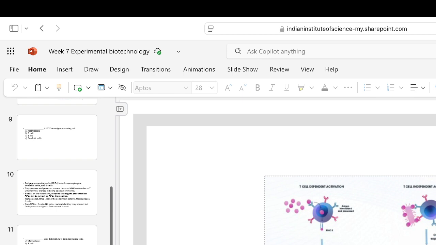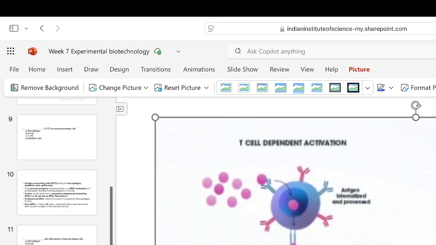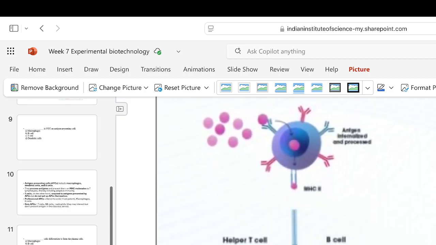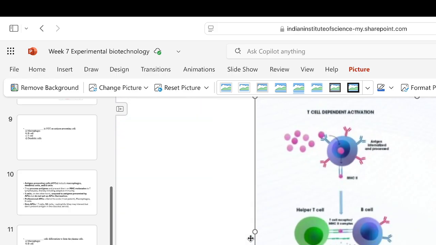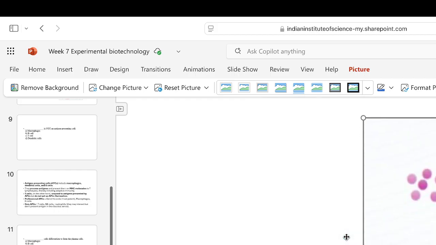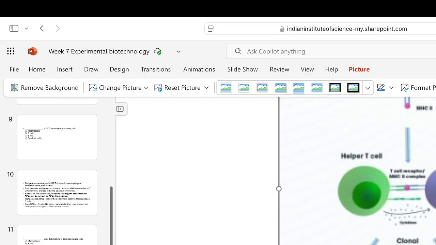What you see here is T cell dependent activation and T cell independent activation for your B cell to be able to form antibodies. In your T cell dependent activation, you get this MHC class 2 that interacts with your T cell, and one of two things happens.